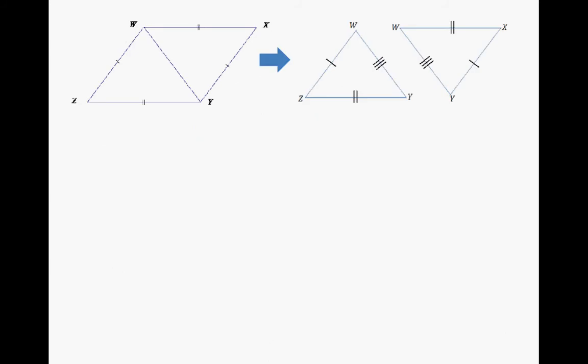This is what we mean by separating them, and you're going to need to do this throughout the rest of the lesson. You take the one single figure and split it up into two separate figures, making sure that you label each angle and vertex and also indicate which line segments are equal in measure.